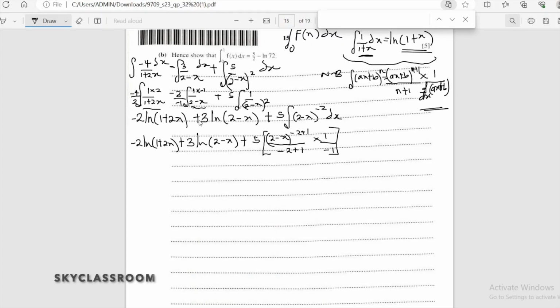That is how it would apply here. So take note of that.